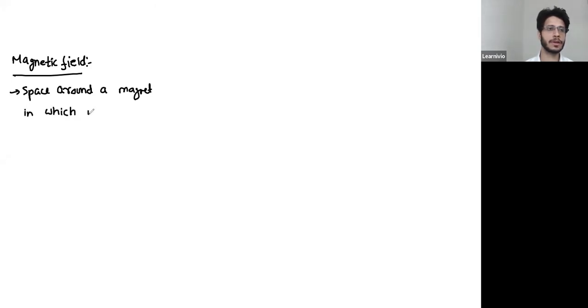So just like electric field, magnetic field is the space around a magnet in which its magnetic properties exist.